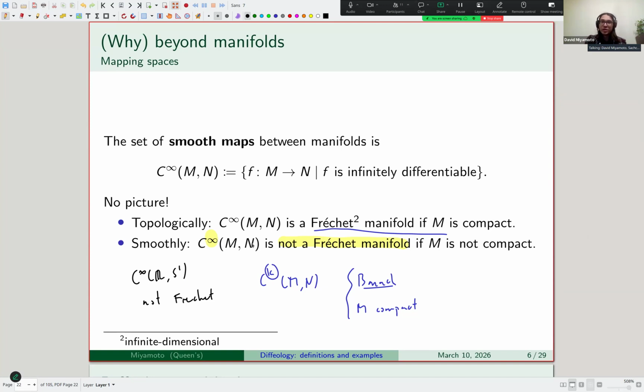So if N, for instance, is Euclidean space, then you do have a Frechet structure. So I really should also put here not generally a Frechet manifold. There will be situations where M, the domain, can be non-compact and you can have a Frechet structure, but in complete generality, there's not one structure that covers all the situations.